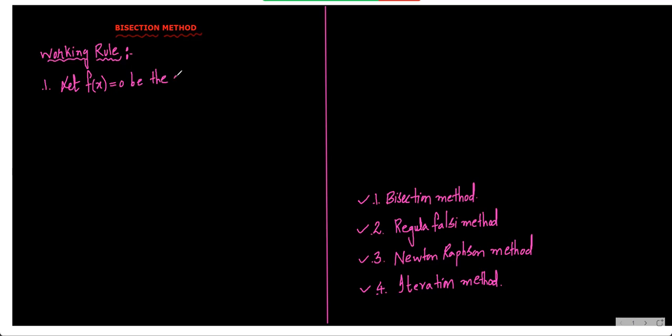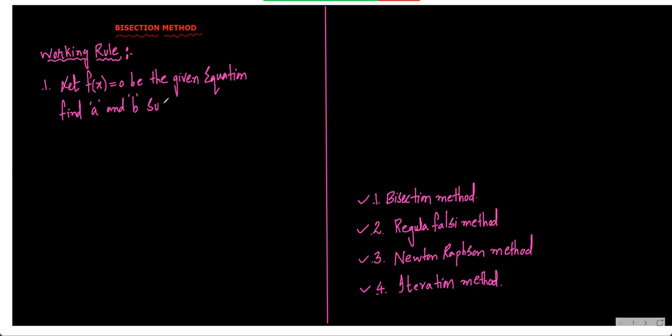We are going to find the roots of the transcendental equation using this method. Now we have to assume that A and B are its solution. Find A and B, assuming that A and B bracket the solution.